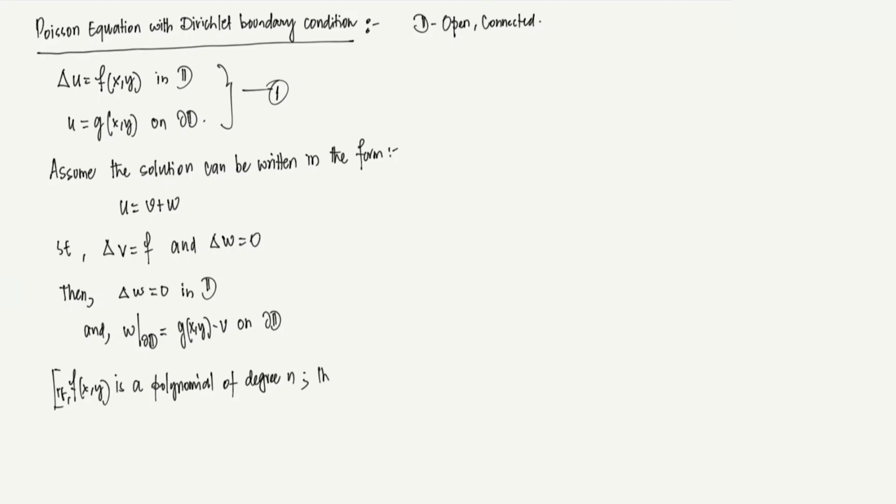So the solution should look like a polynomial of degree n plus 2, right? Because this is a second order equation. See, if the solution is of degree n plus 2, then the second derivatives, you can think of it like 2 degrees less, right? So it should be n. And that second derivative is nothing but f. So that should be of degree n. So that's the general idea of it.